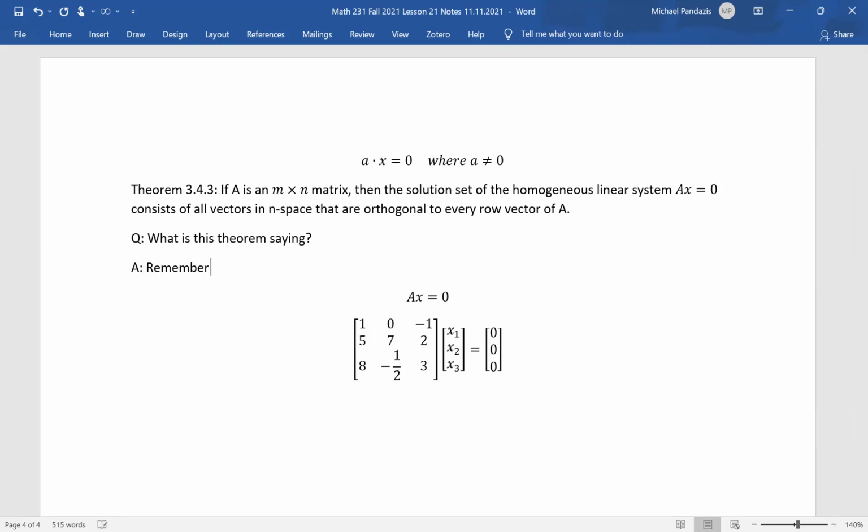Okay, so remember that two vectors being orthogonal means that their dot product is 0.